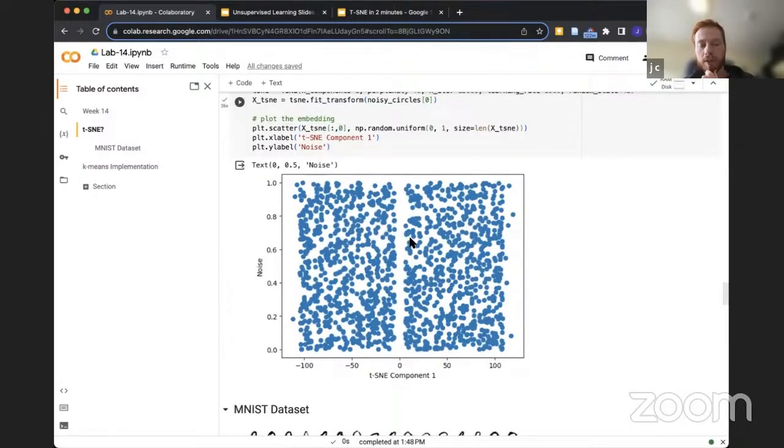So now our T-SNE is done. How would you interpret this plot? And keep in mind, this dimension is just noise.